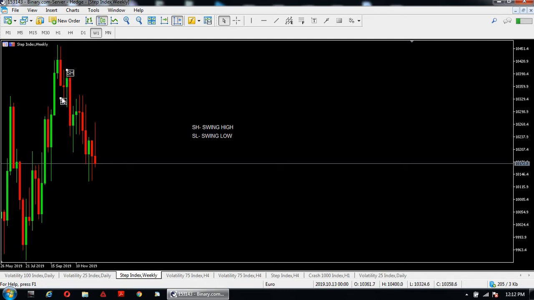Price made a new swing low, which is a lower low, and then a lower high, and then a lower low, and then we're currently seeing price making a new lower high.